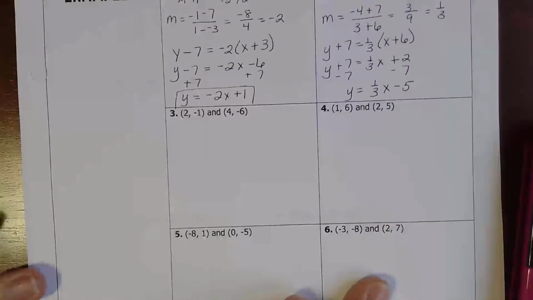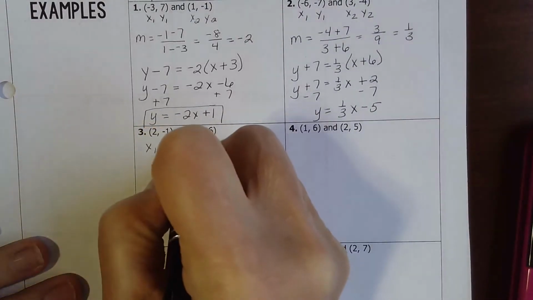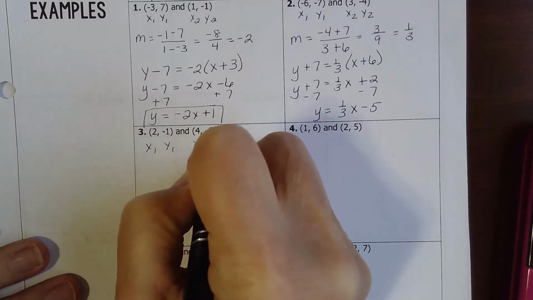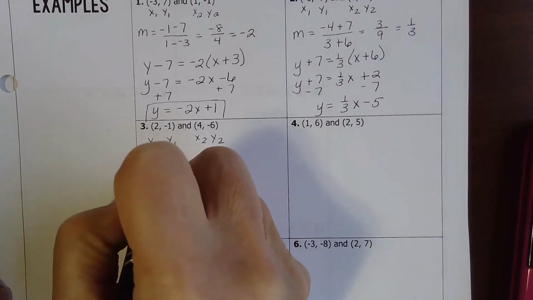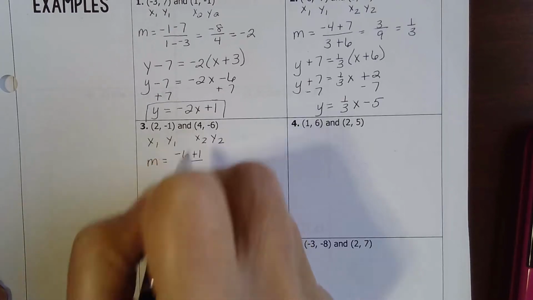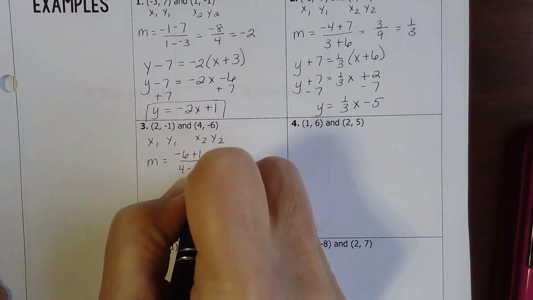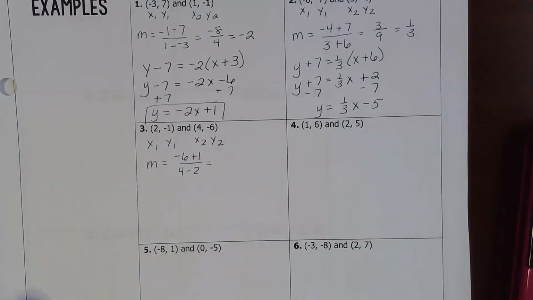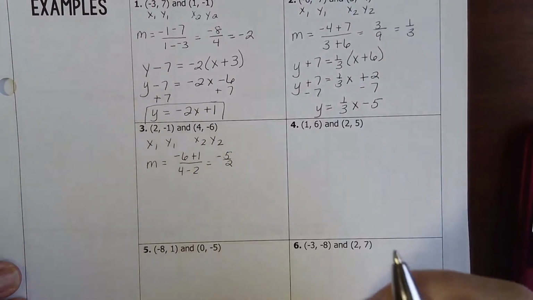All right, number 3. Label your points so you know what you got. So our x1, y1, x2, y2. Our slope is going to be negative 6 plus 1 over 4 minus 2. So this ends up being negative 5 over 2.